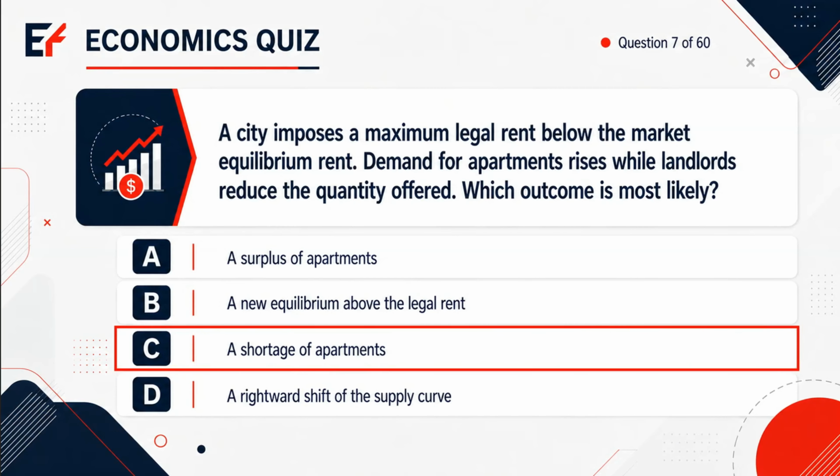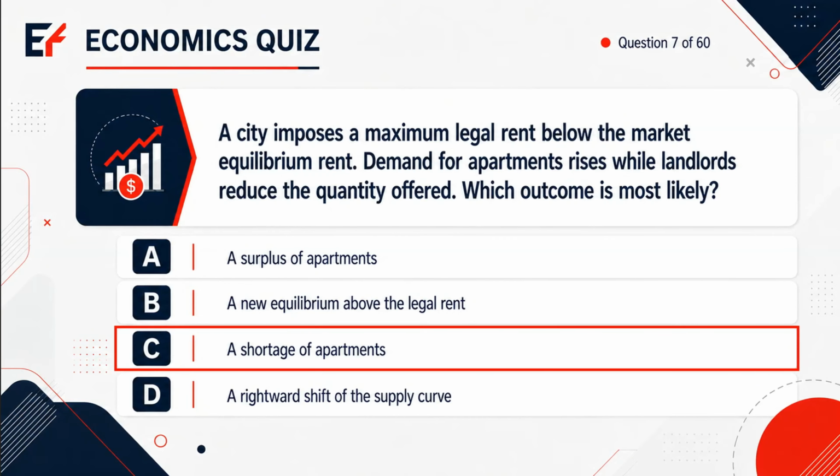Let's read the market signal carefully. A maximum rent set below equilibrium is a binding price ceiling. At that lower legal rent, more tenants want apartments, but landlords supply fewer units. Option C is correct because quantity demanded becomes greater than quantity supplied, creating a shortage.